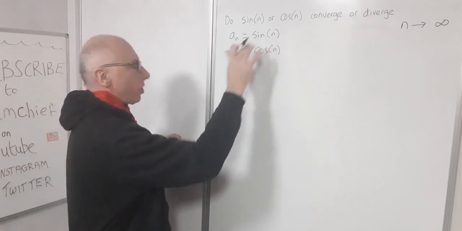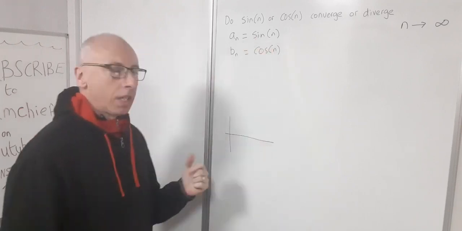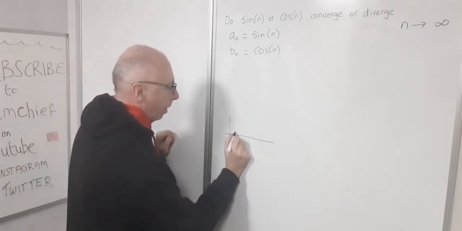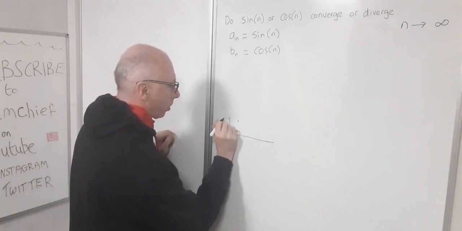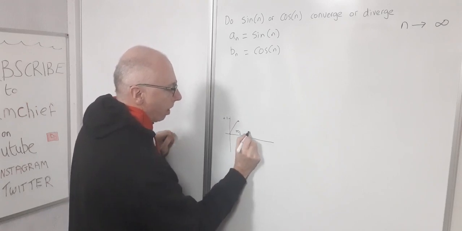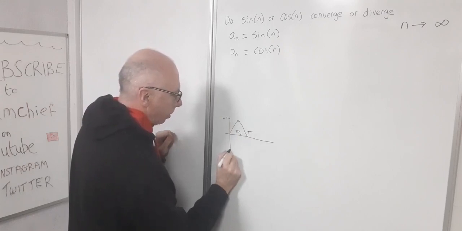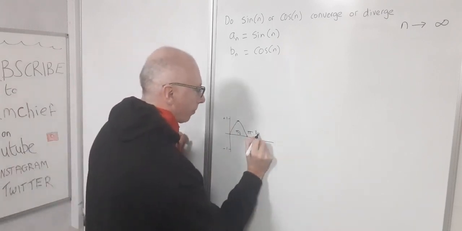So if I just draw the sine function first, on a graph. The sine function starts at 0, and at pi over 2 it becomes 1. So I'll have that as my plus 1. We follow this pattern, and then back down to 0 at pi, and we come back down to its minimum, which is minus 1 at 3 pi over 2.